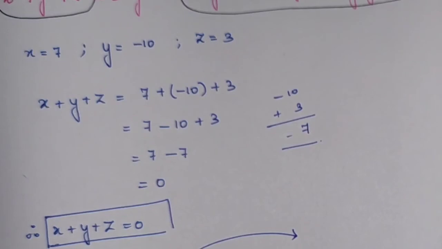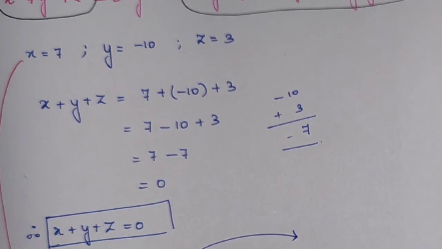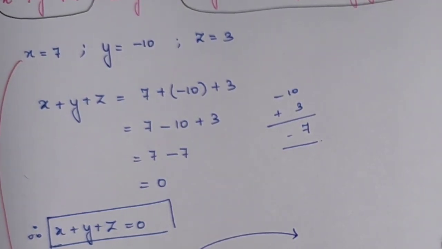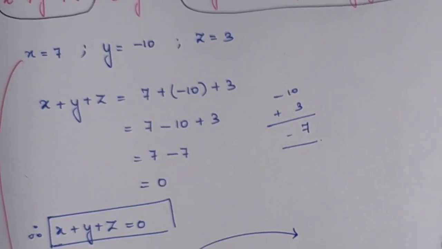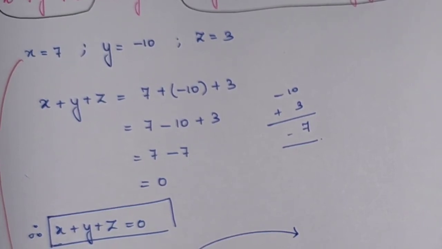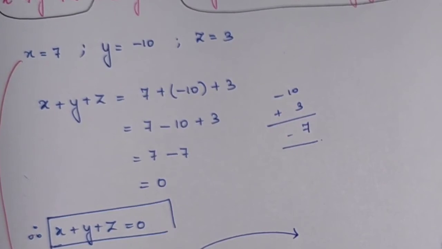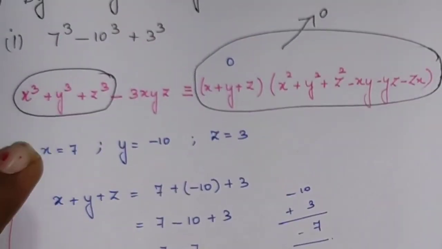Now just substitute the x, y and z values here. Therefore 7 cube plus (minus 10) the whole cube plus 3 cube is equal to 3 into 7 into minus 10 into 3, which is your question.